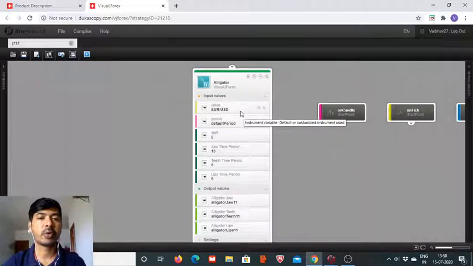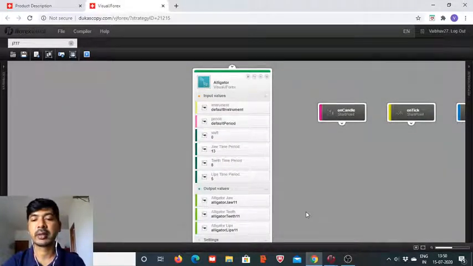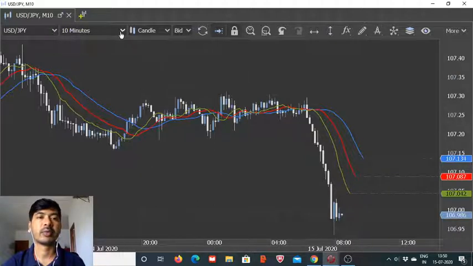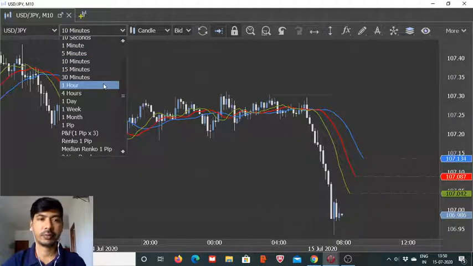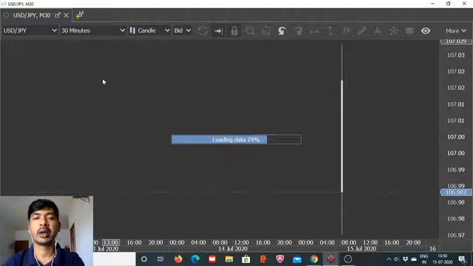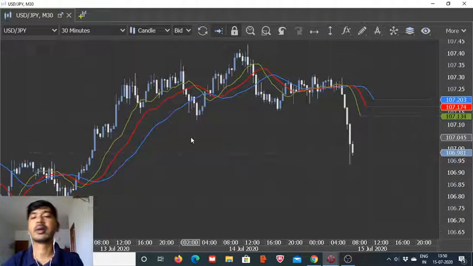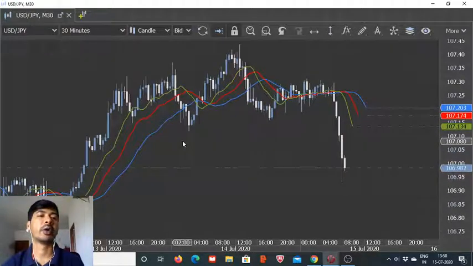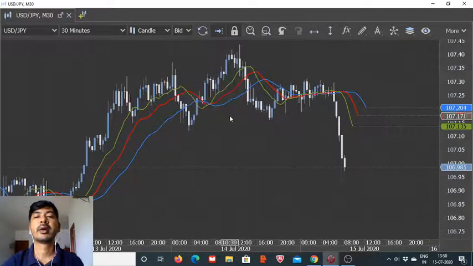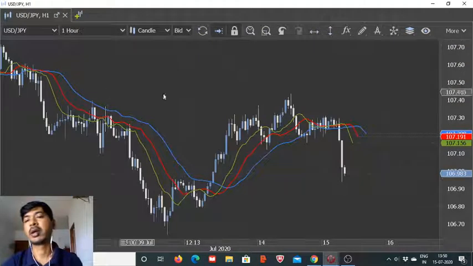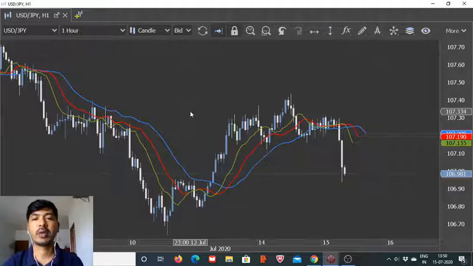Now moving on to the default time period, as I said, depending on the time period, you will have a different set of values. If we make it half hourly, then this structure is different for the half hourly time frame for USD JPY, and if it is going to be calculated hourly, then again the structure is going to be different.